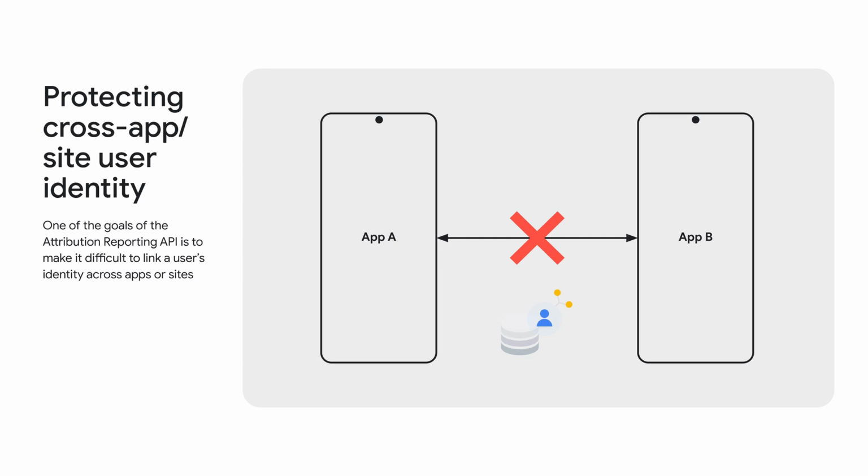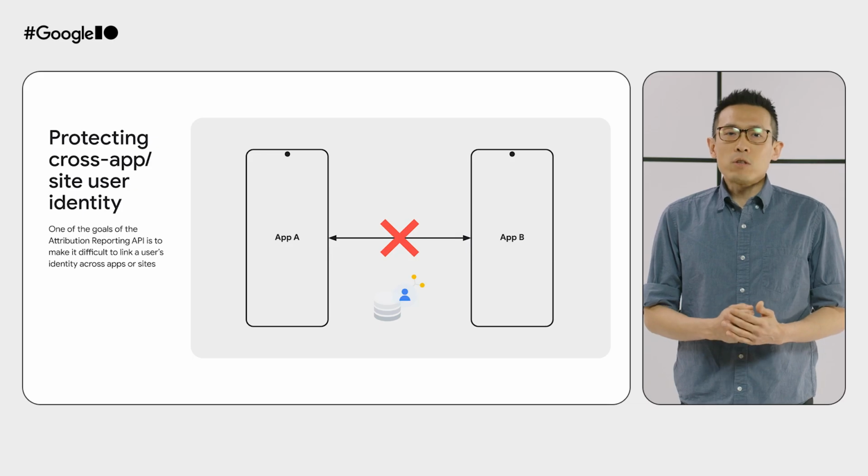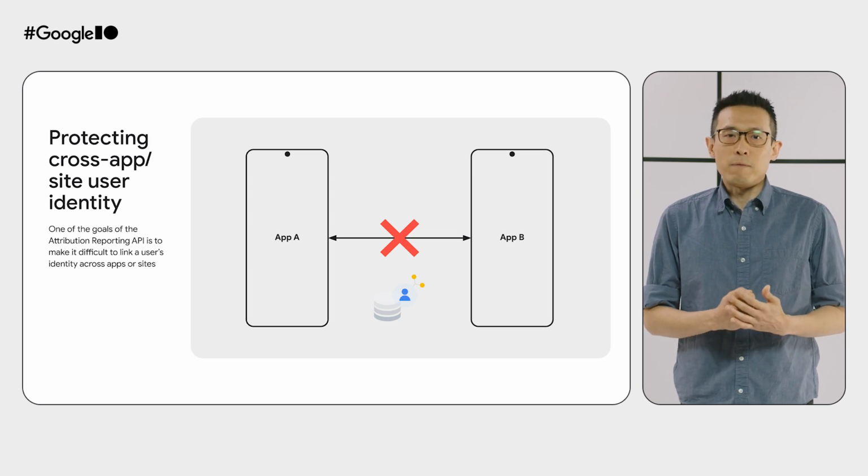Measuring conversions requires cross-app or site data, since the user saw an ad on one app or site and the conversion happened on another app or site. We want to provide attribution insights back to the ad techs, but we also need to protect user privacy before the reports are sent. One of the goals of the Attribution Reporting API is to make it difficult to link a user's identity across two apps or sites.